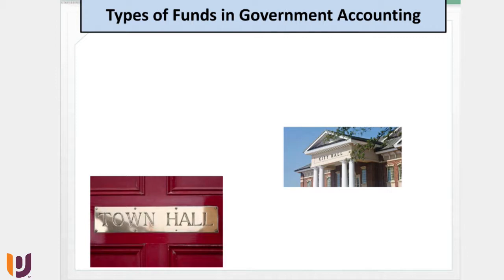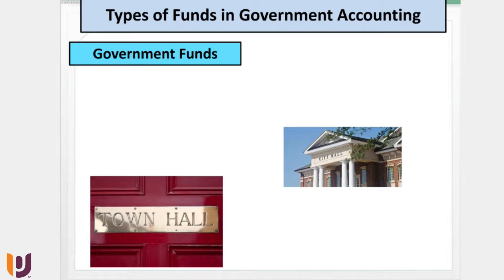As mentioned on the previous slide, in order to prepare fund-based financial statements, governmental accounting records its individual activities within self-balancing sets of accounts known as funds. There are three types of funds used.